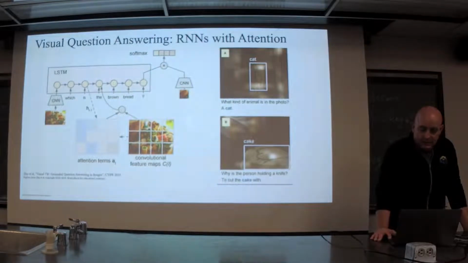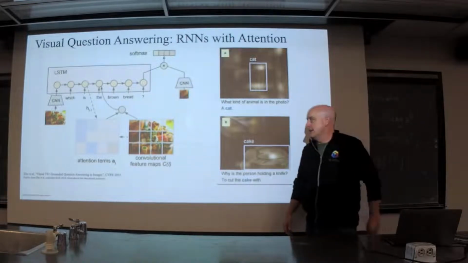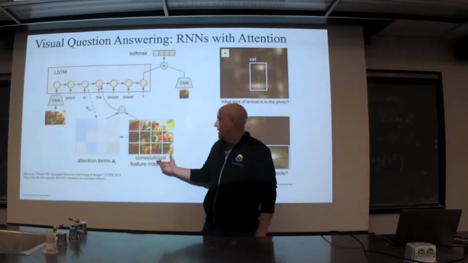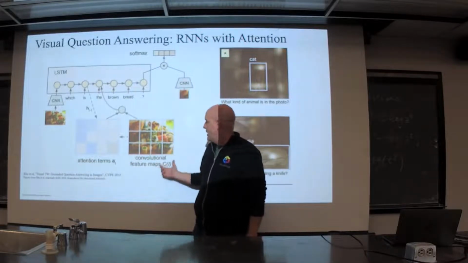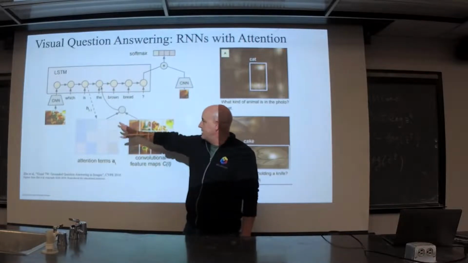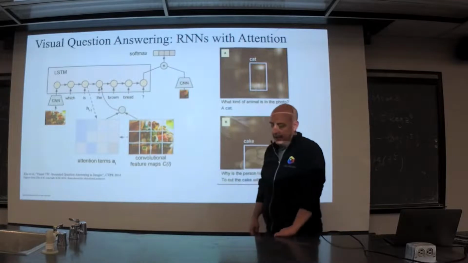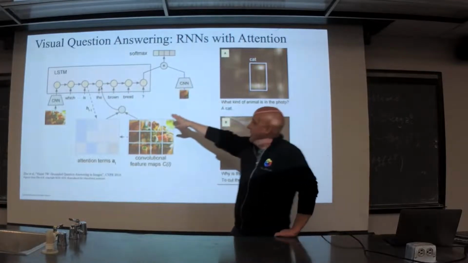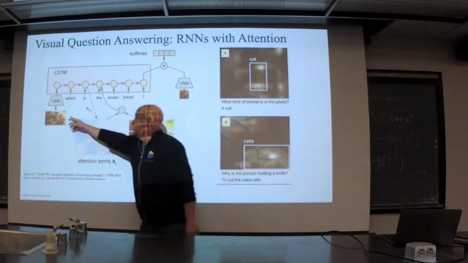We won't get deep into this. Just know that the way these things are done, and this is getting into what attention looks like, is that you have your convolutional feature map. So we condition the production of the sentence, whether it's the question or the answer, on this image.